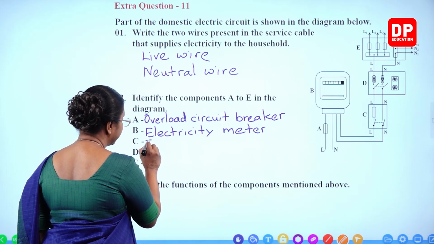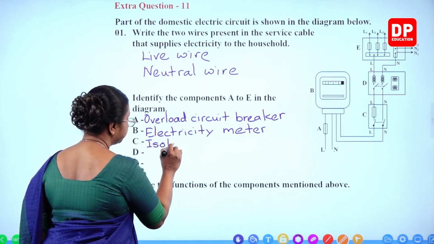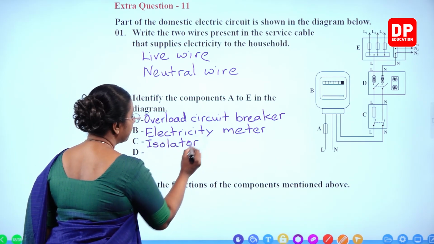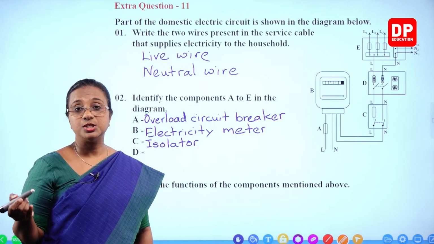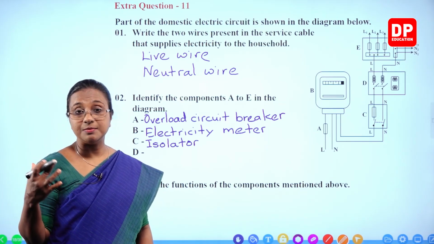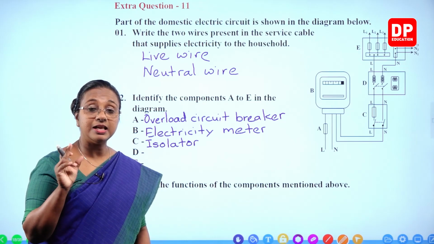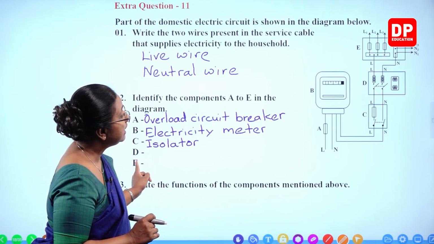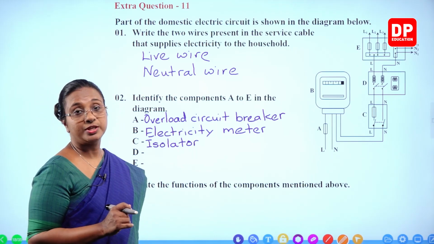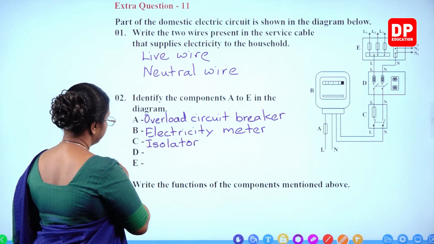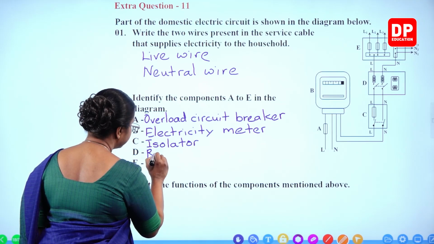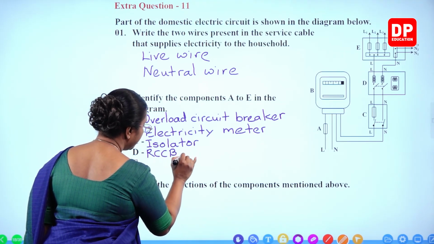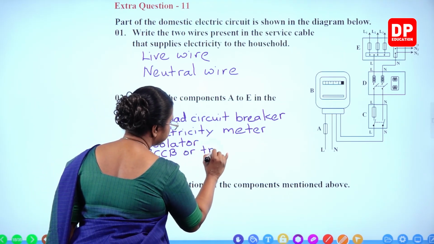So here I will write it as isolator. You can remember it is the main switch with the main fuse. Basically it contains both. Then D. D is the trip switch or the RCCB. So here we can say RCCB or trip switch.